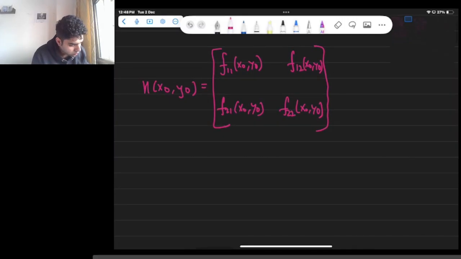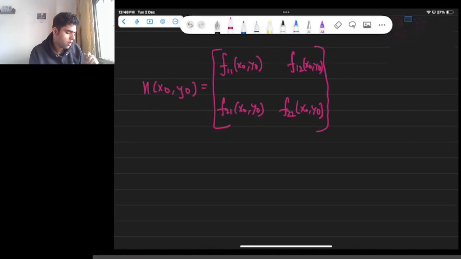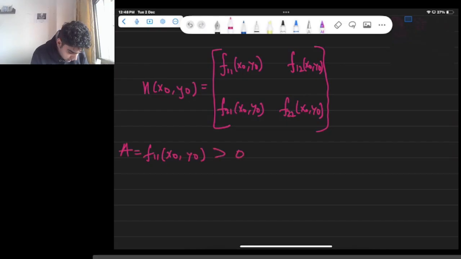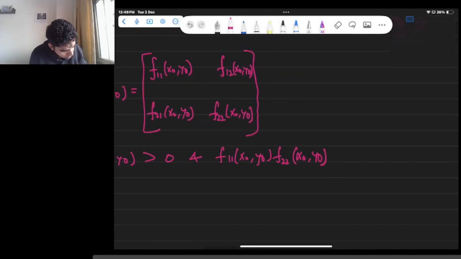Right, now the condition says that if after putting my interior stationary points in the Hessian matrix, I get f11(x naught, y naught), which was equal to a, as greater than 0, and I get f11(x naught, y naught) into f22(x naught, y naught), basically the determinant, ac minus b square.